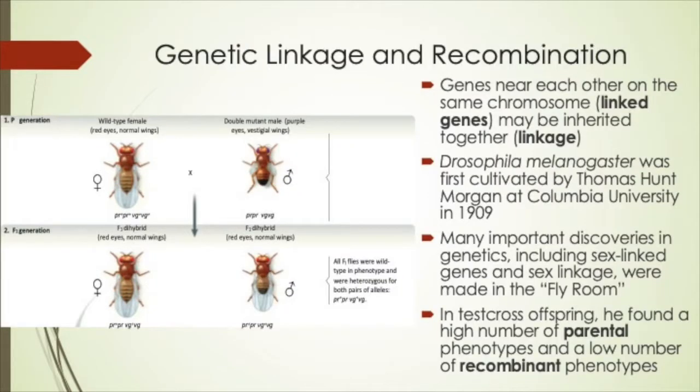So first, you have the parental phenotype. You have a wild type with red eyes, and a double mutant with purple eyes and vestigial wings. The F1 generation comes out with red eyes, normal wings, right?